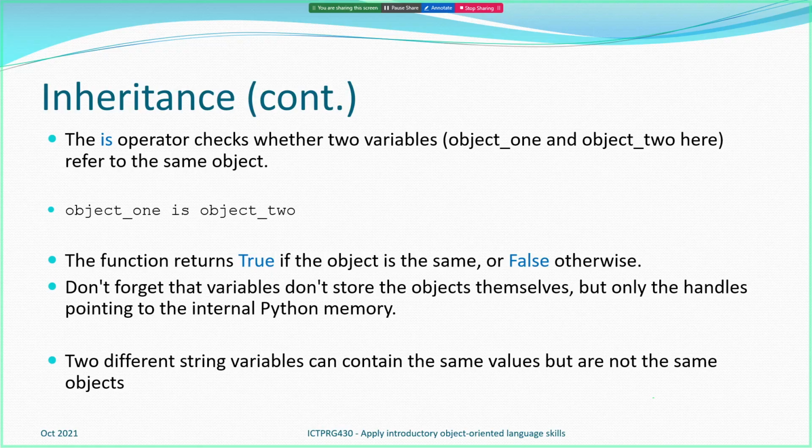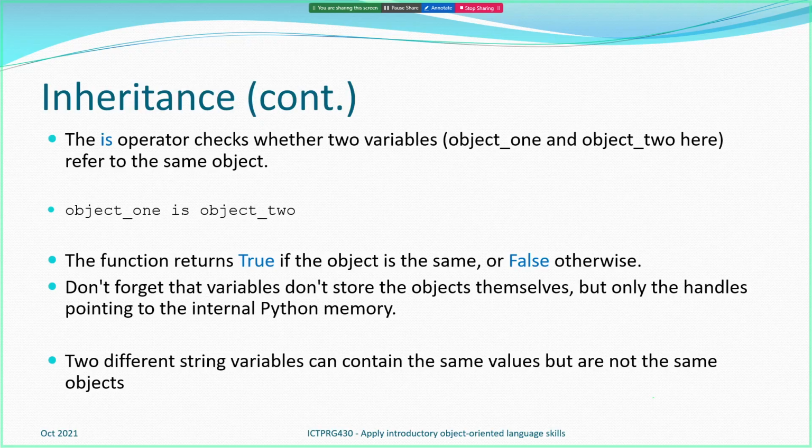Another one to be introduced here is the is operator, which checks whether two variables have the same source. Now, objects are uniquely addressed each time they're generated.